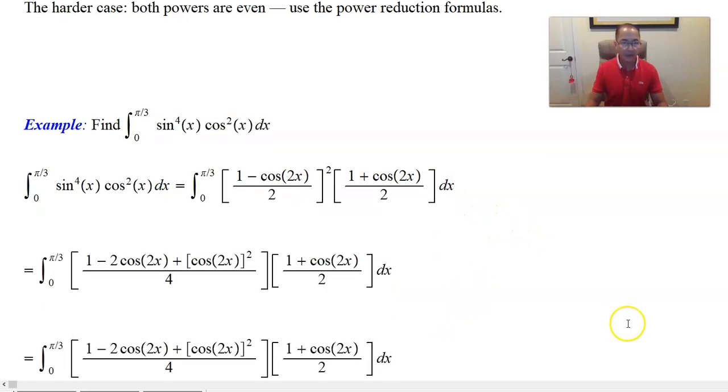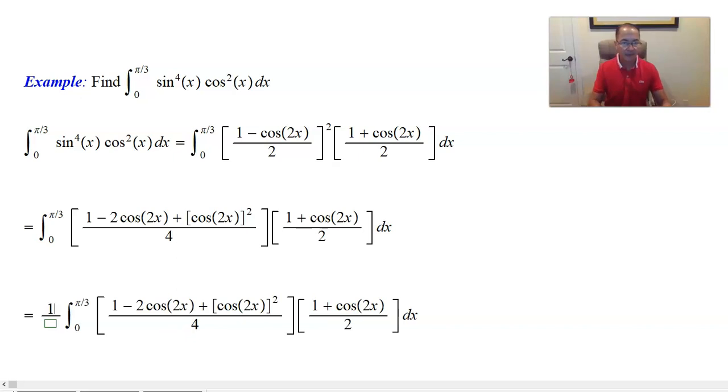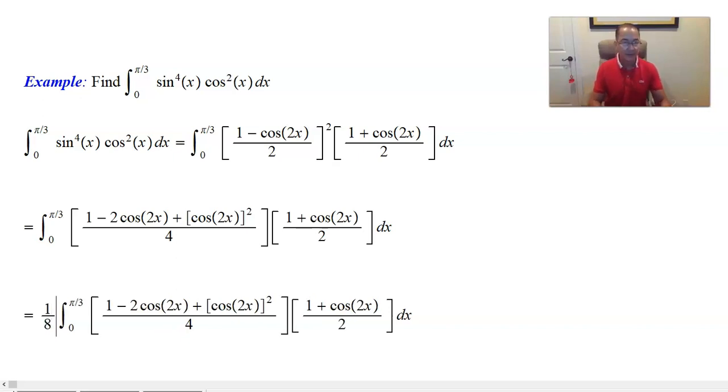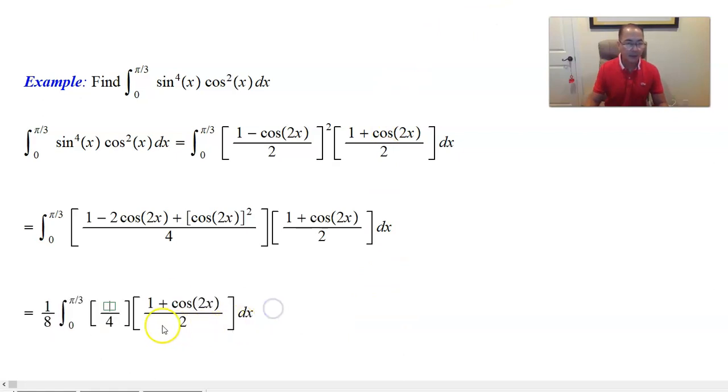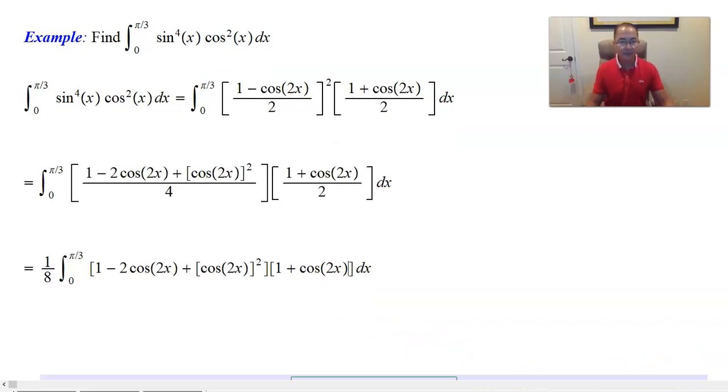Okay, so that way we have a shorter line to deal with. Okay, so this is just a convenience step. Take out the 1/8. So this is now what will remain, and this is what will remain. Okay, goodbye to the 4 and to the 2.